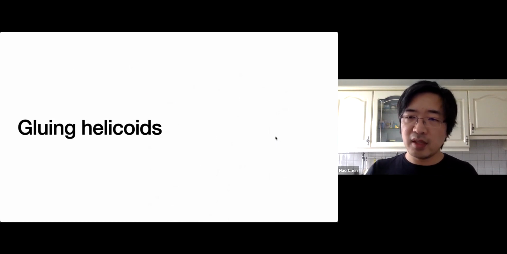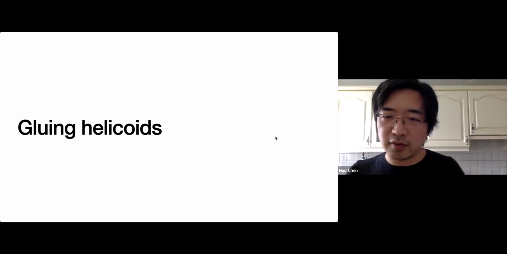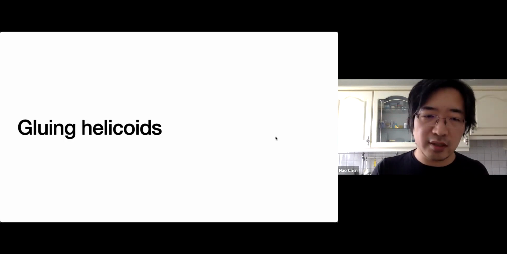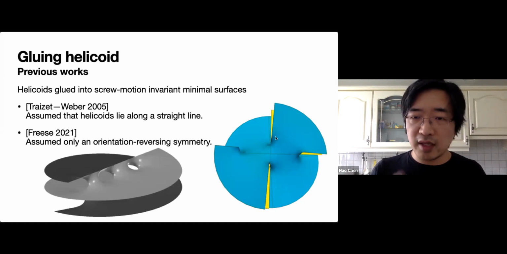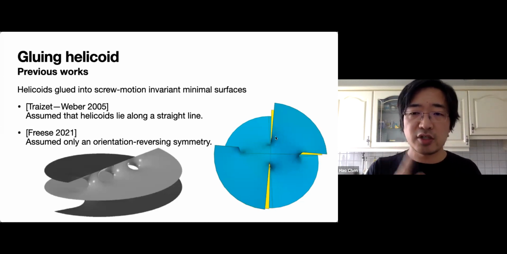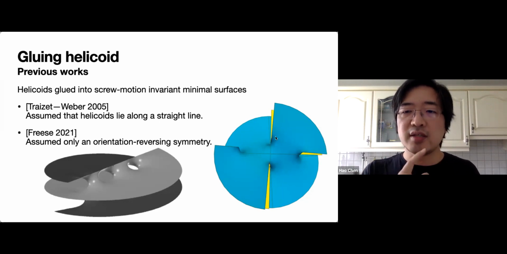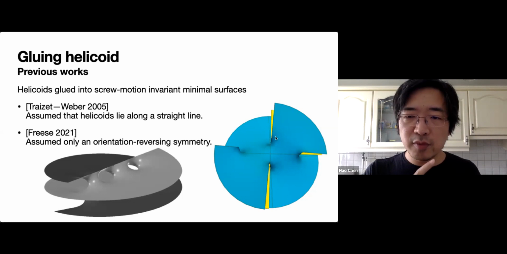So finally, let me talk about our very recent work on gluing helicoids. This is a joint work with Daniel Freese. Again, this construction was achieved before. Helicoids were glued into minimal surfaces that are invariant under screw motions.